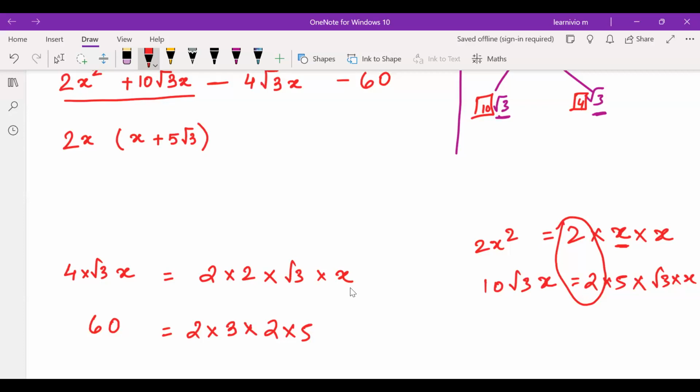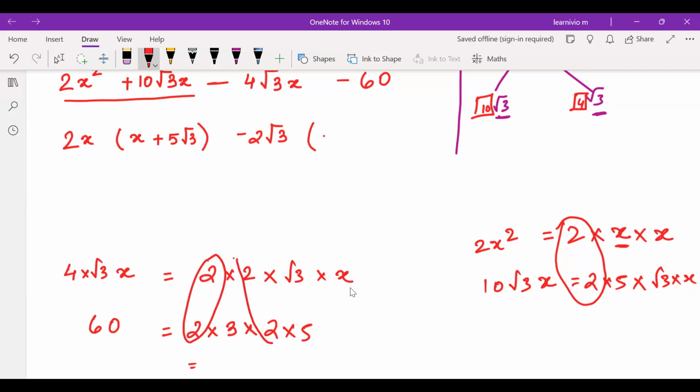We take 2 root 3. Exactly. Minus 2 root 3. What will be left inside will be x. Is it 2 root 3, Zoha? I can see one more 2 is common. Yeah, one more 2. So it will be 2 root 3 square.